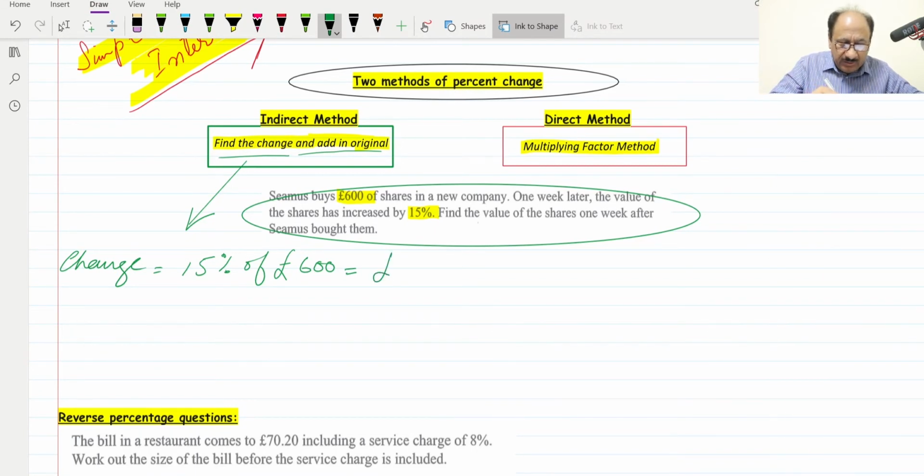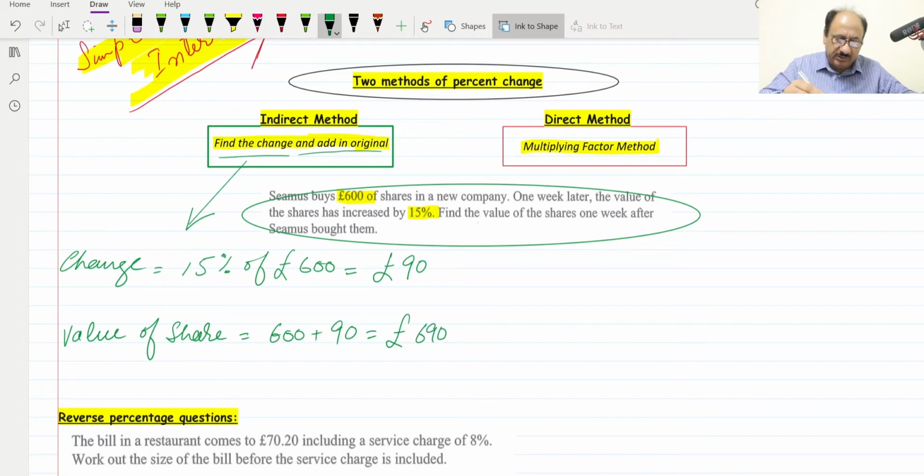So 90 pounds will be the increase. After calculating the change, we add it: the value of the shares will be the original amount, 600, plus this change, and the total will be 690 pounds. Hopefully you understood this.